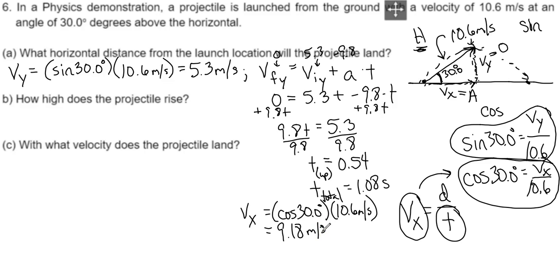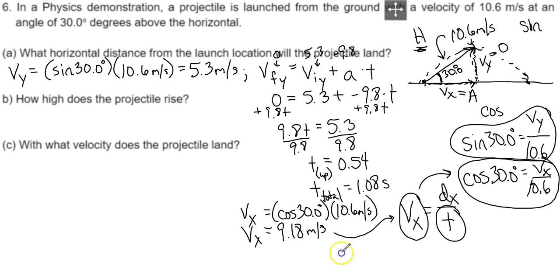And then we can go ahead and plug that into this equation so that we can get our horizontal distance. The horizontal distance is equal to the velocity times time.